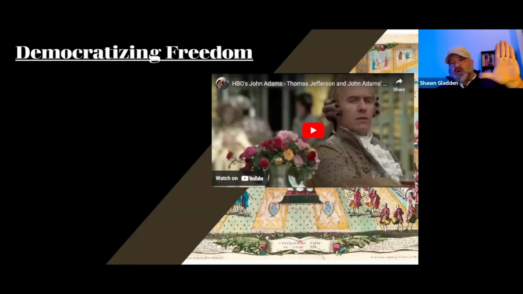Now, if you go more to the left in the 1780s, you want to call them liberals, that's fine. We're going to call them Lockeans. We're going to talk about men like Thomas Paine and Thomas Jefferson, who believed that political power should be in all men, universal male suffrage to some extent.